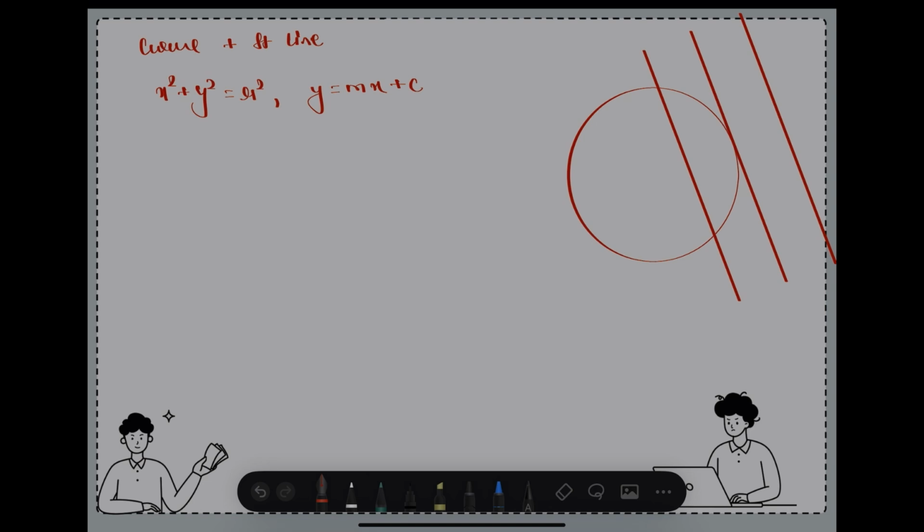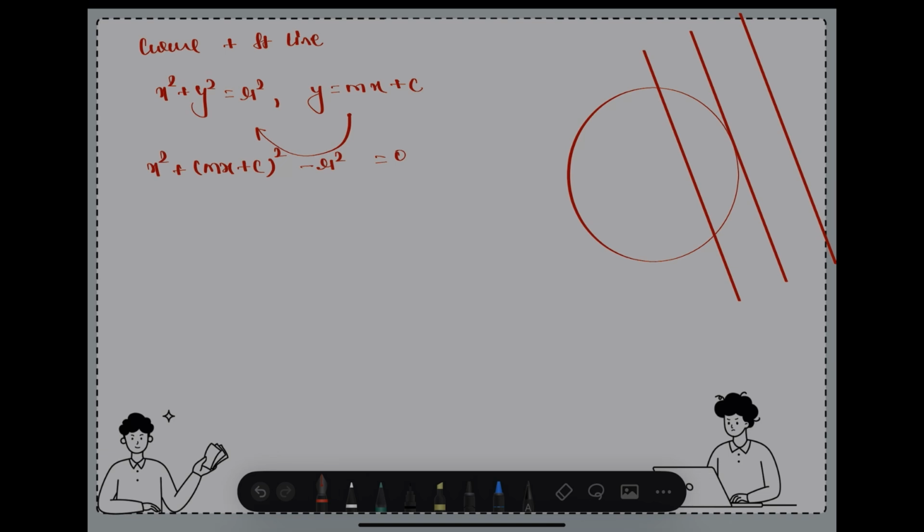Now what you have to do is substitute the value of y in your given equation so that you will have a quadratic in x. Now you know everything about quadratics, so let's do that. So x square plus (mx plus c) whole square minus r square equals 0.